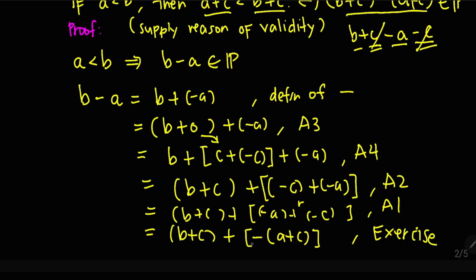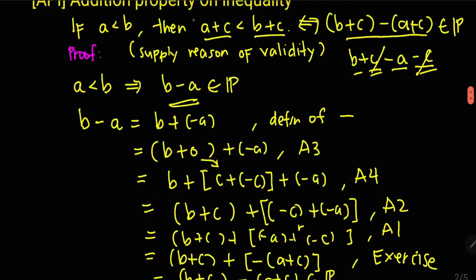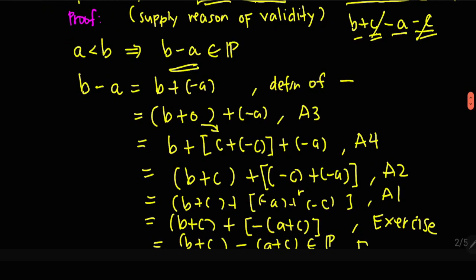Finally, by the definition of subtraction, this will allow us to write the expression as B plus C minus A plus C. So originally, we have the expression B minus A is positive, but we were able to write B minus A as B plus C minus A plus C. So that means this expression here is positive. So if that expression is positive, then we were able to show that indeed A plus C is less than B plus C.